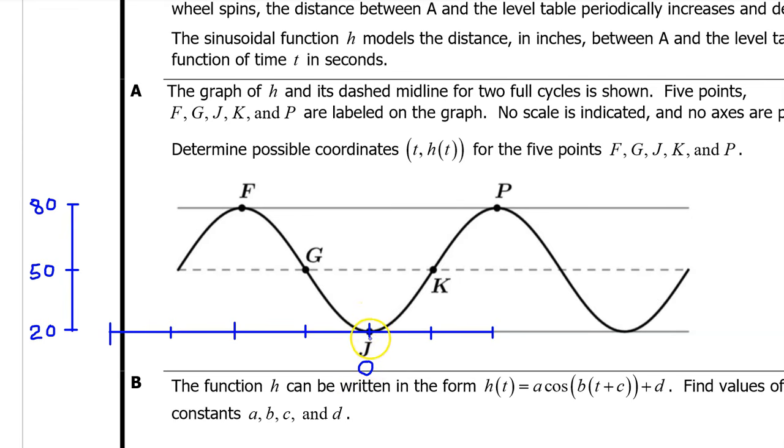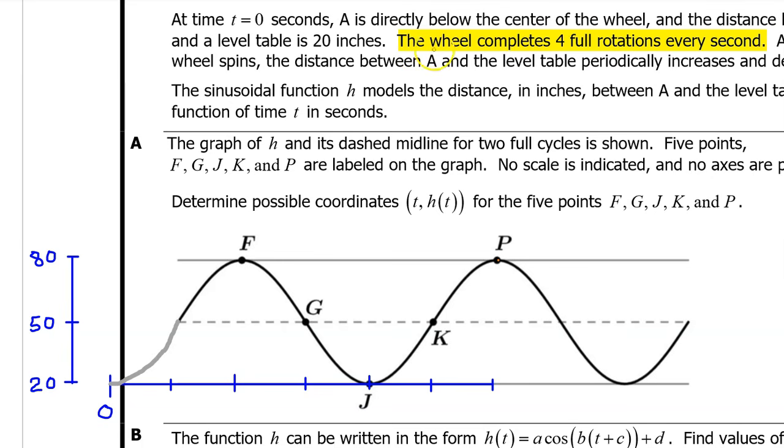If we do that, the input values to the left will be negative numbers. There's nothing wrong with that, but I don't care for that, so I'm going to choose a different option. I prefer to extend the graph one more mark to the left. Now I can call this low point t equals 0, and all of my other input values will be positive.